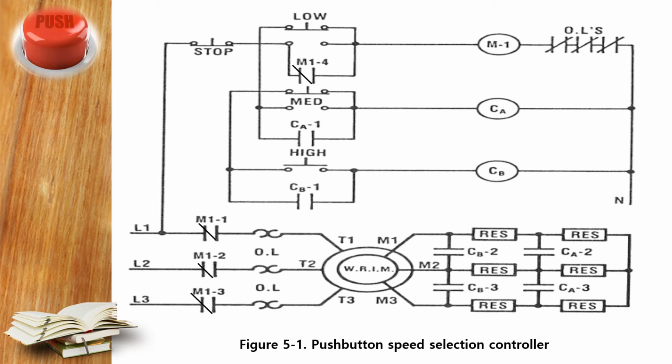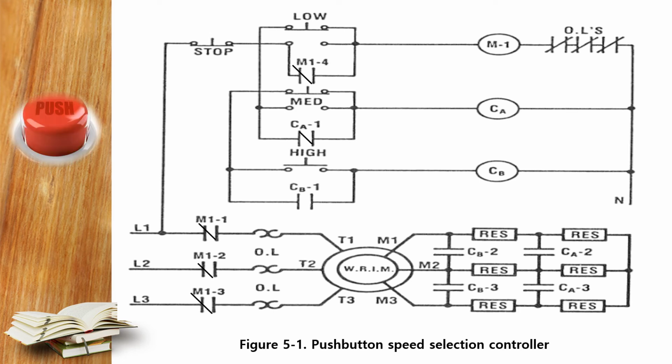One more time, let's see the scenario we just had before, during the fault. When the low speed push button is pressed, the M contactor is energized, and the holding contact M1 in the control circuit is closed for holding, and the 3 normally open contacts in the power circuit are closed, powering the motor.